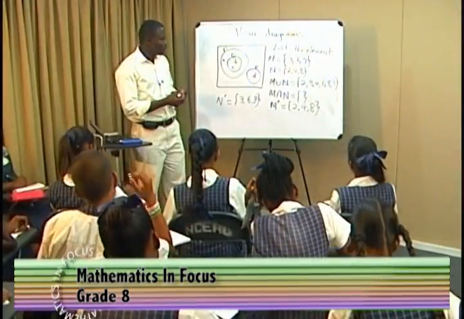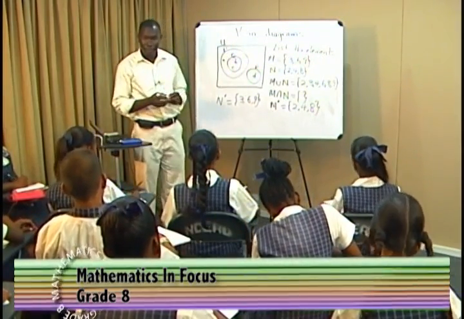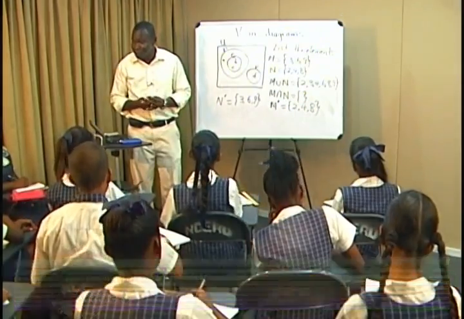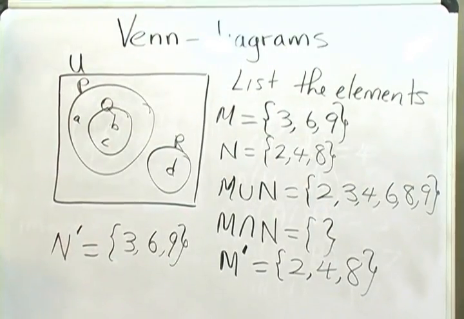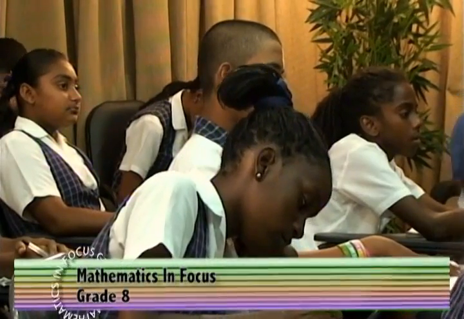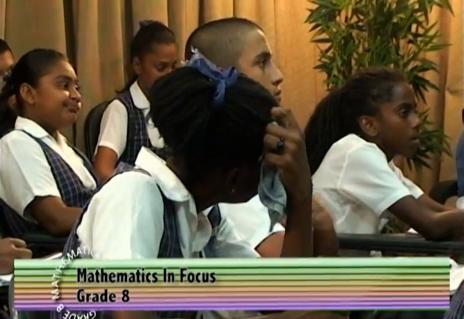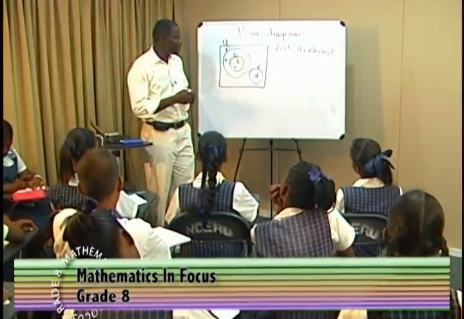But we will look at this other diagram here. This is the universal set. And observe it is even different to the previous diagram. So we are considering different examples. Now for this diagram, you're going to list the elements again. And we will start off by listing the elements in the set P.